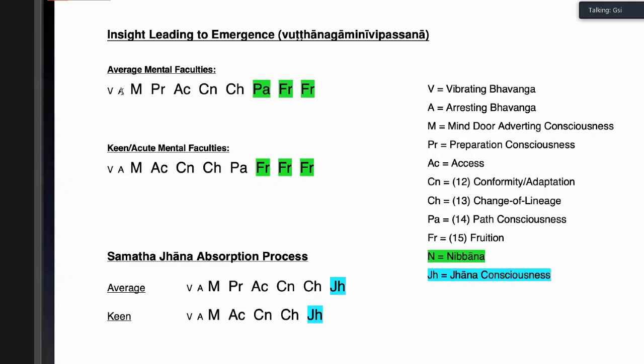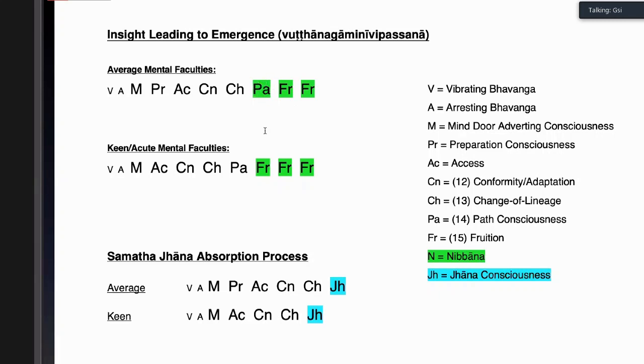Arresting means it stops the process; whether it's anicca, dukkha, anatta, it stops there. After that, it starts with the mind-adverting consciousness. Then you have preliminary, access, conformity, change of lineage. That means you change from puthujjana to Arya, if you are in the first stage of enlightenment. Then after that, you have path consciousness, fruition consciousness, then you go into bhavanga again.